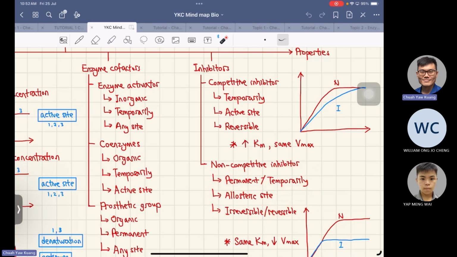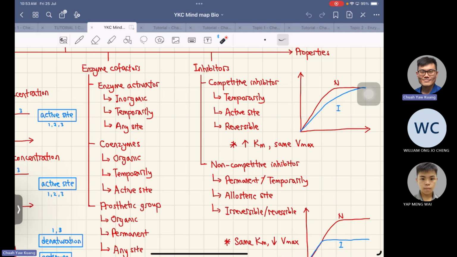Then next, where they bind. One is binding to the active site, and another one is binding to the allosteric site. All of these points listed are very general points that always come out in the marking scheme.